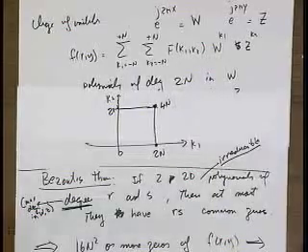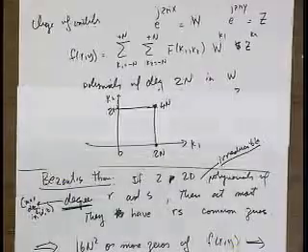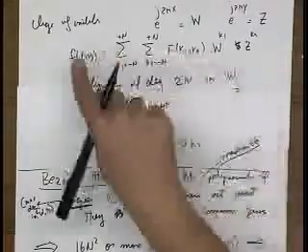Make a guess. It's pretty straightforward. How does this f of k1 and k2 enter into this equation? In what fashion is it?